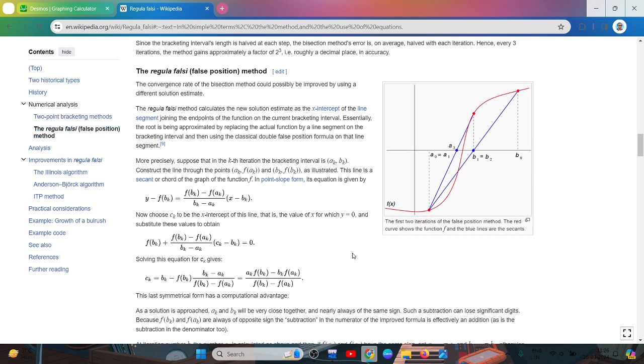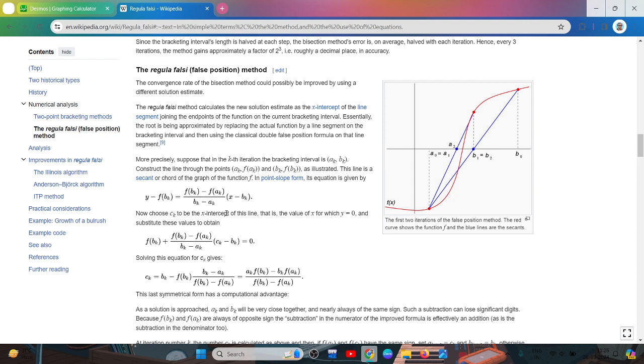So we put x equal to x1 or ck, and y equal to 0. Then we calculate the value of ck, which is equal to bk minus f bk into bk minus ak by f bk minus f ak.